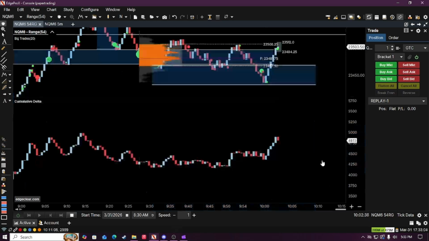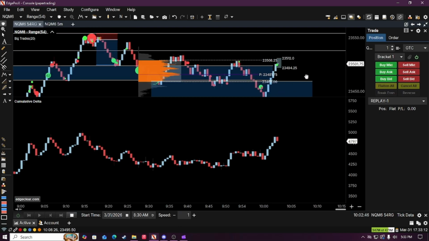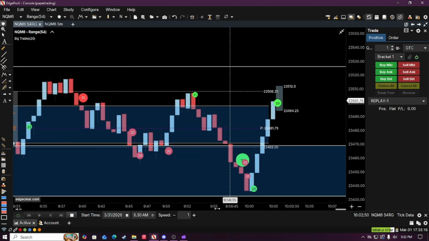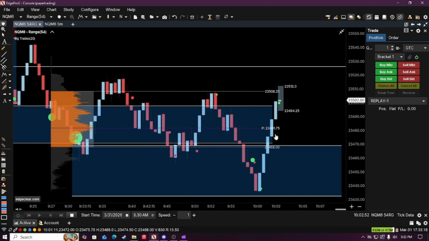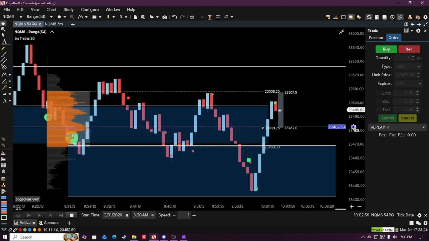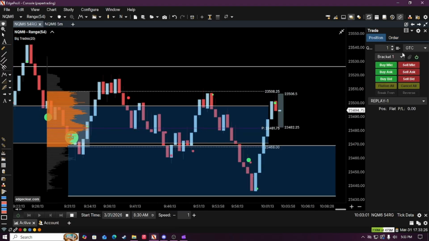Selling pressure is not being compensated. As you can see on the delta, we're actually building upwards momentum, and this is an entry. And for the entry, maybe test a little bit the point of control. Let's see if I can put an order here.